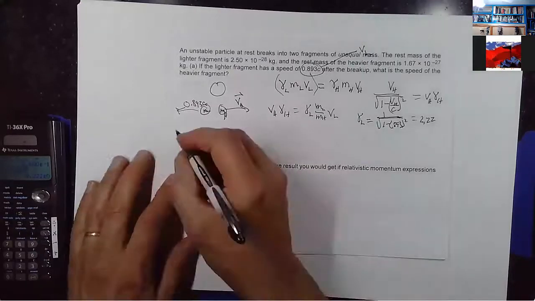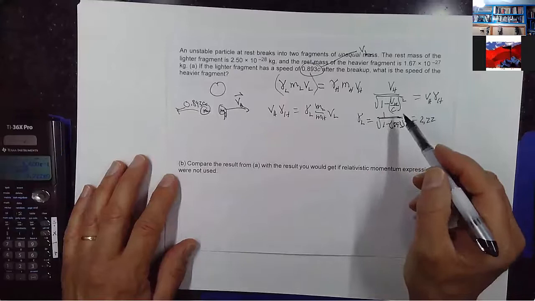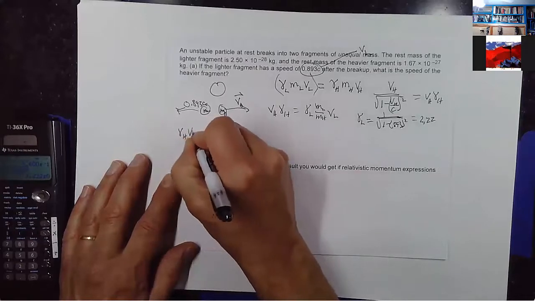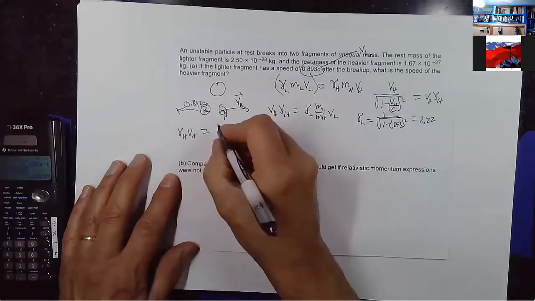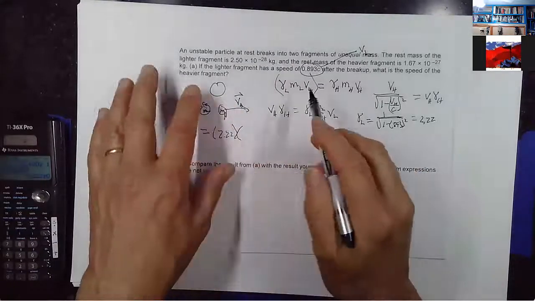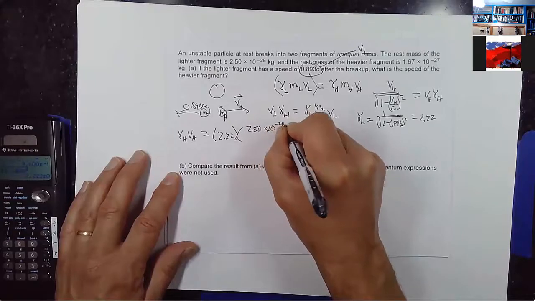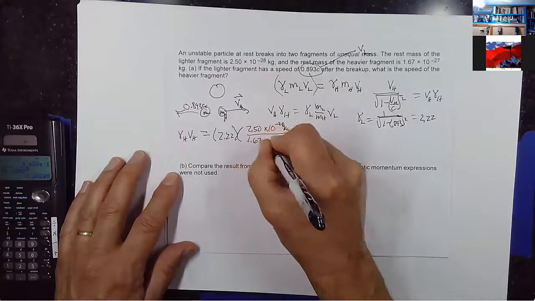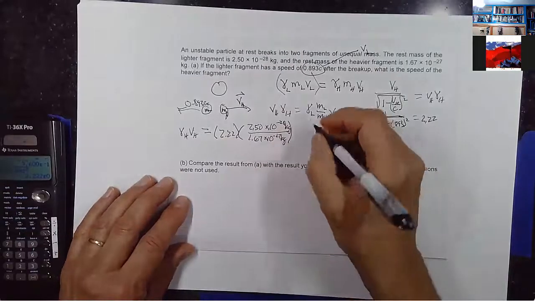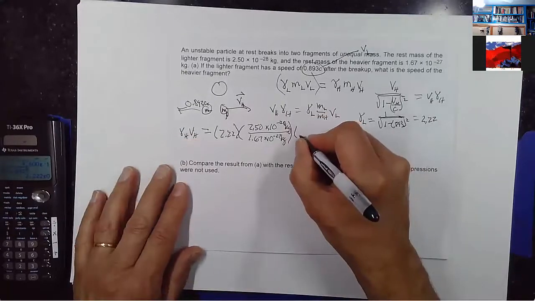Let's see. So gamma sub h, v sub h. Trying to figure out a clever way to do this, and I don't see it yet, but we'll think of something anyway. It's going to equal gamma sub L, 2.22, and then the mass of the lighter over the mass of the heavier, 2.50 times 10 to the minus 28th kilograms times v sub L. Okay, I guess that kind of makes sense.